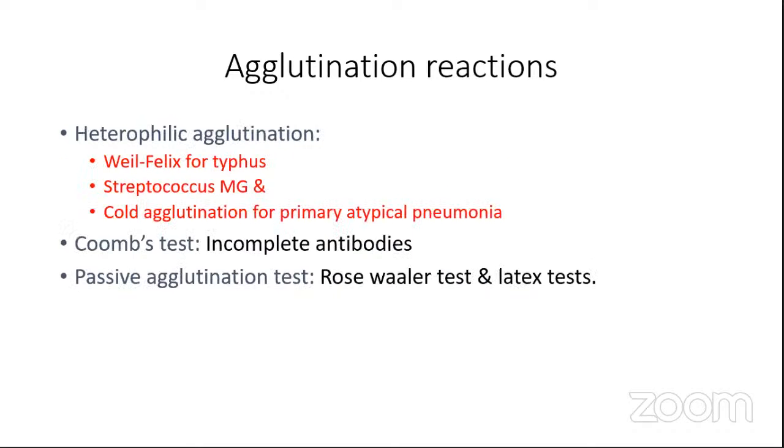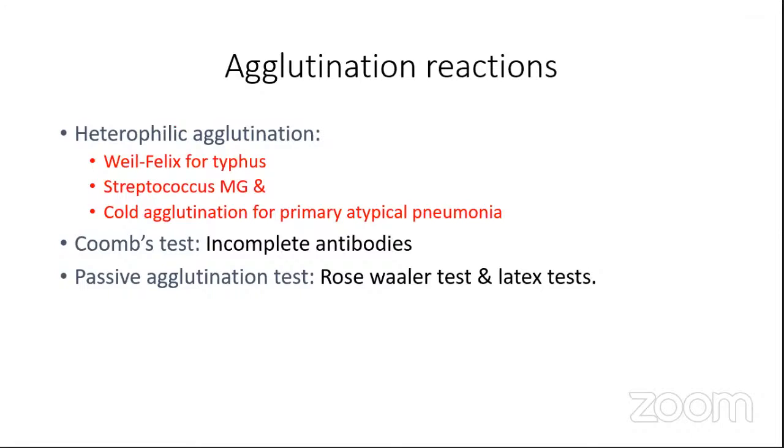And there is another group of agglutination reactions called heterophilic agglutination reactions. What this heterophilic agglutination reaction means is that because of sharing of antigens, that property is utilized in this test. For example, the Weil-Felix test is done for typhus fever, which is a rickettsial disease.